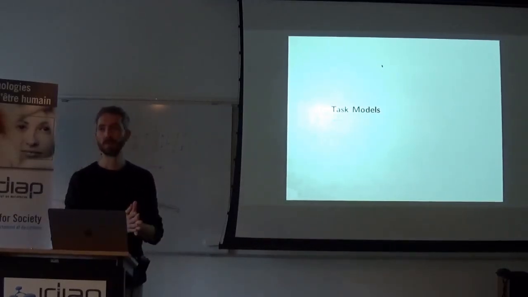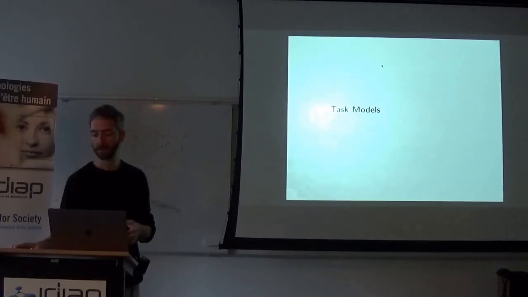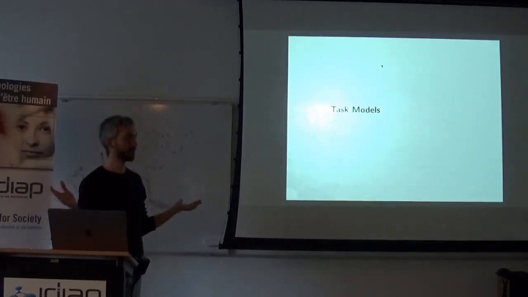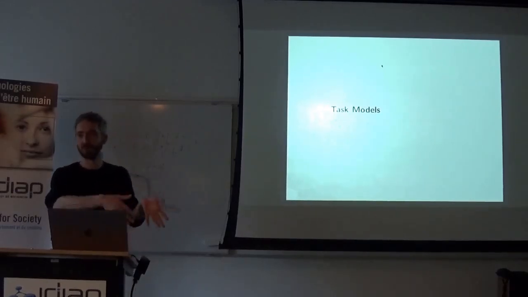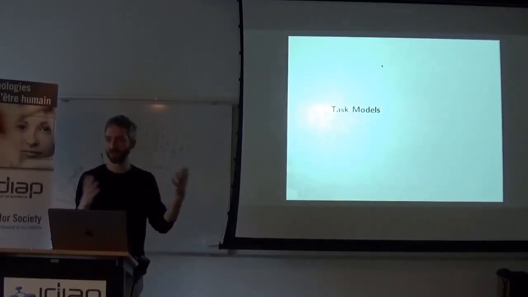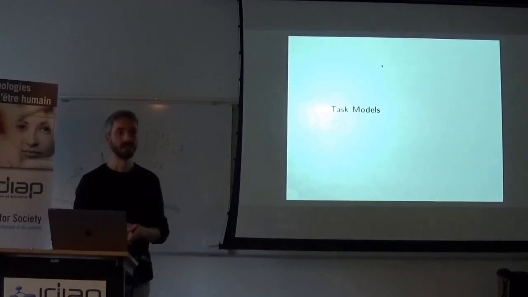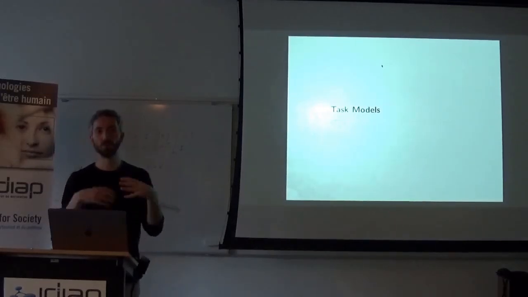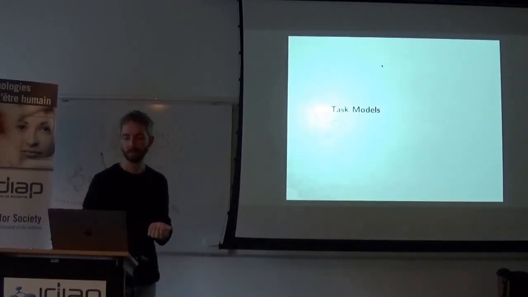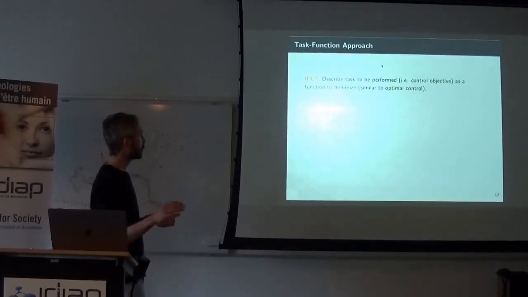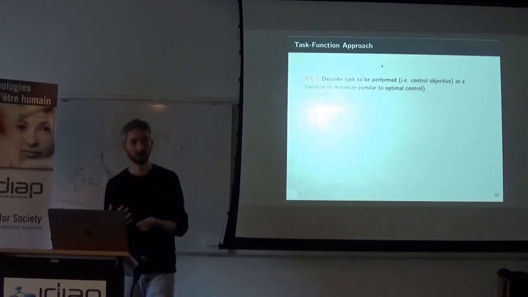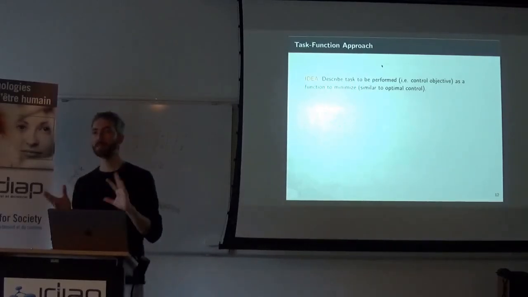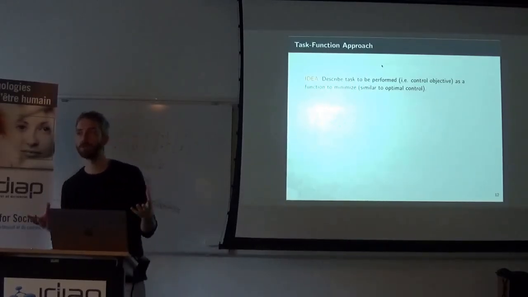So let's talk about task models. Hopefully, if you want to control a robot, you have a task that you would like the robot to perform. You're not just playing around. So the question is, how do you model your task? So we will use the task function approach, which is a very old approach, which shares the same spirit of optimal control.